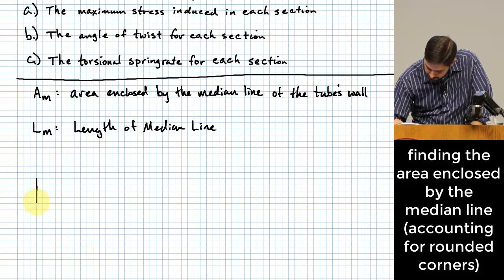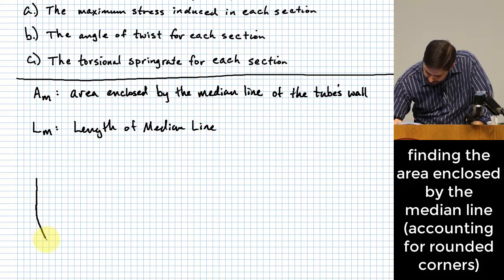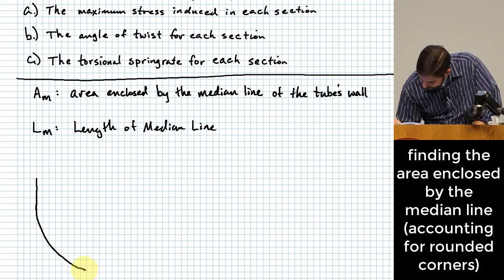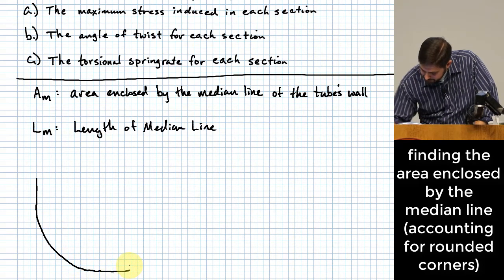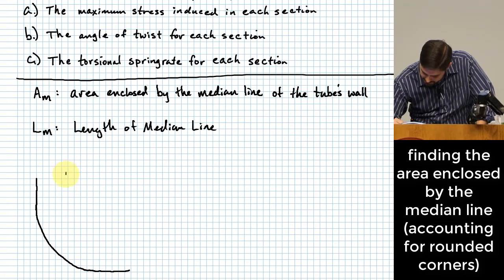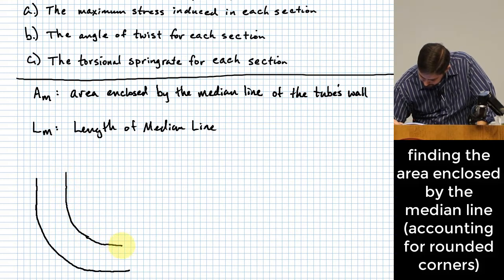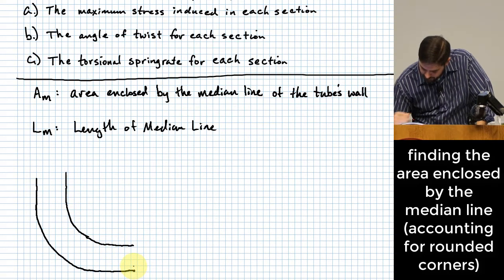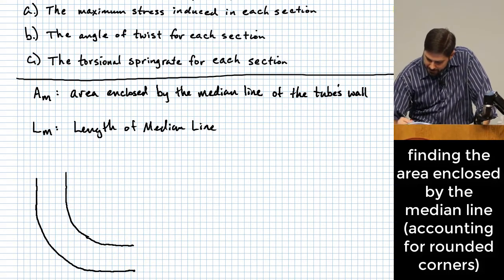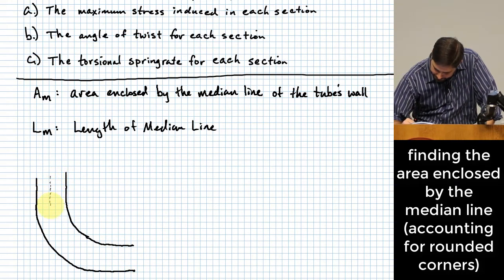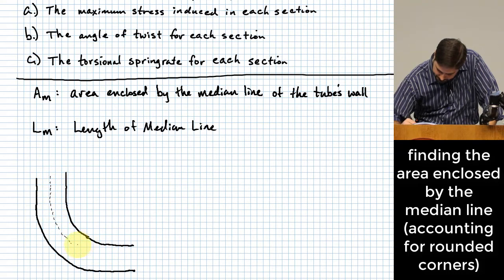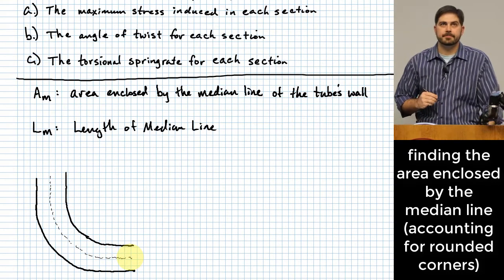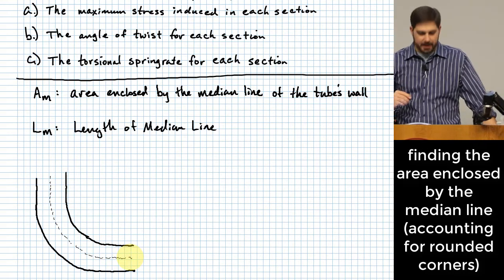Imagine here's one of the corners and it is curved, maybe something like this, and it has some thickness to the wall. And we'll look here at the median line. So I'm zooming way in on one corner of this part.